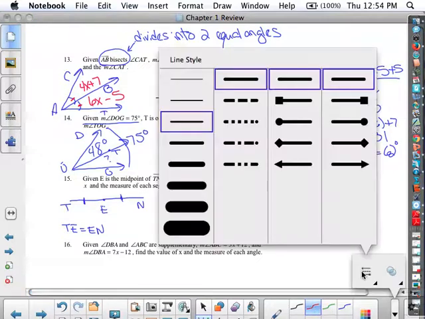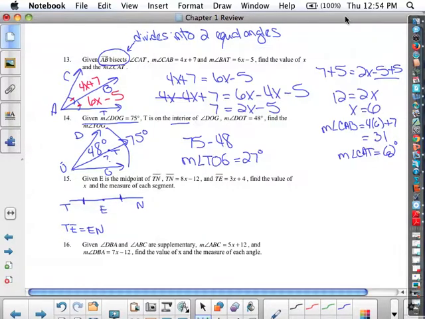Then you're told that the length of TN, so the whole length, is 8x minus 12, and TE is 3x plus 4. But TE and EN are equal, therefore EN is also 3x plus 4.